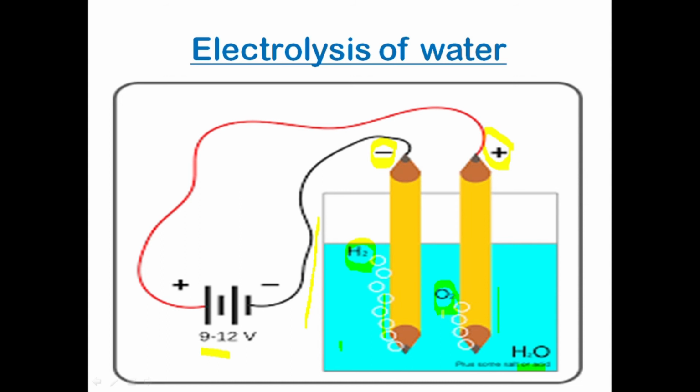The reason behind this is that H2, that is hydrogen gas, is not a supporter of combustion, whereas oxygen gas supports combustion. This again confirms the presence of these gases around these electrodes, and hence confirms this overall experiment.